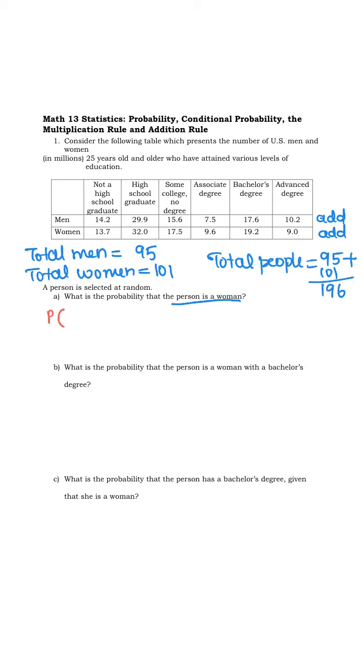Now find the probability that the person is a woman. That is total number of women divided by total number of people, that is approximately equal to 0.5153. Now find the probability that the person is a woman with bachelor's degree.